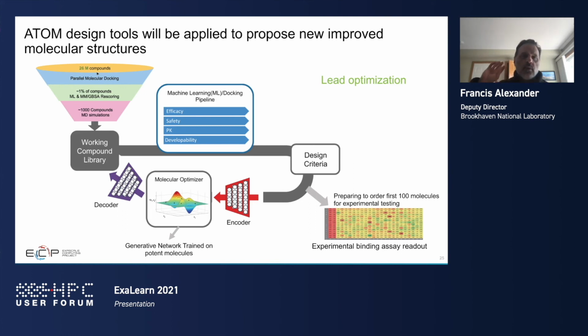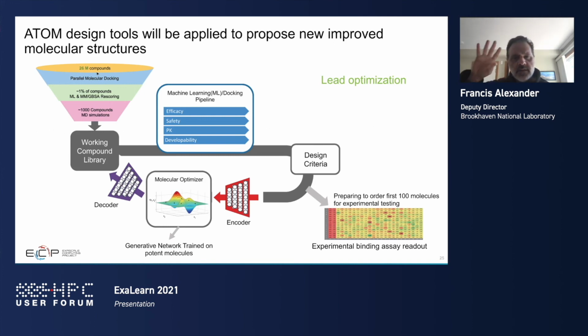Using that with a variety of models, you understand what's happening at different scales for the system, for example the human, but also at the molecular level in terms of efficacy, safety, pharmacokinetics, and whether these can be developed or not.